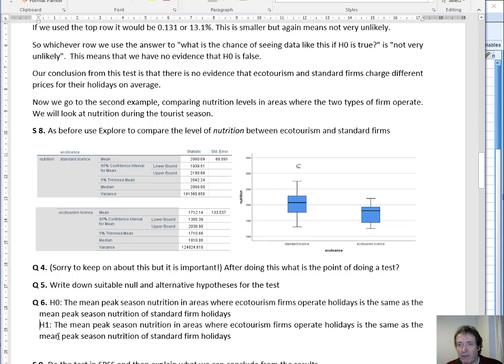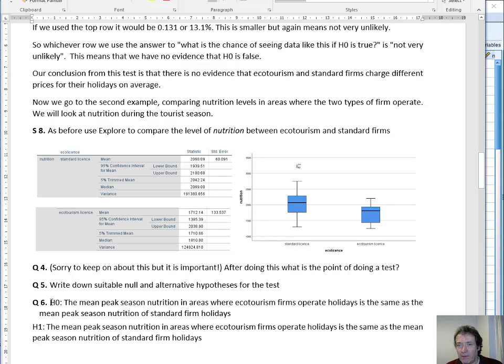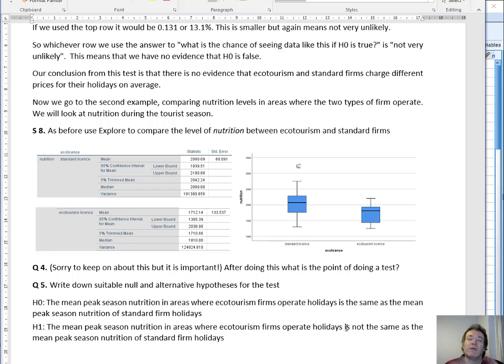I don't really want to have these labels as questions. That would be very confusing. The trick is to keep the two hypotheses as similar as possible, except for the thing that has to change, so it brings out the difference more sharply. The null is saying that mean nutrition levels in peak season are the same between these two groups. I just need to change the wording a bit more.